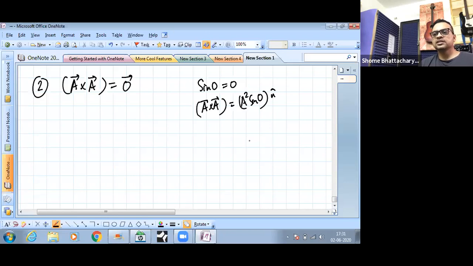See, if any operation is such that operation of A with B is equal to operation of B with A, then it is commutative. Whereas if operation of A with B is not equal to operation of B with A, then we say it is non-commutative.